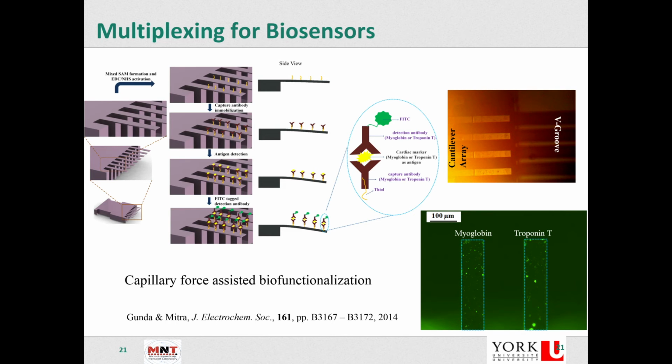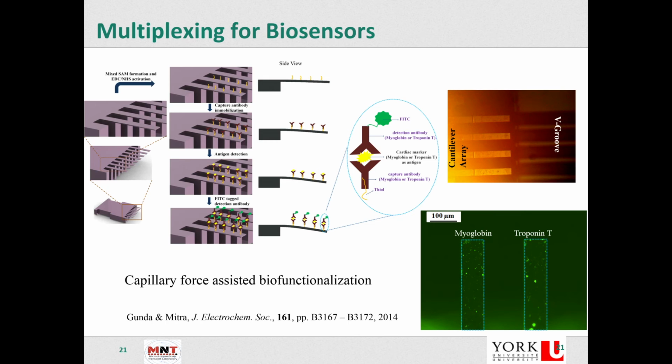So here we use some sort of a capillary assisted process because we understand capillary flow in our group. So we use capillary flow to actually biofunctionalize each of the arms. In this case, one arm is measuring myoglobin, in other words, the antibody binding of the myoglobin, versus the other arm, which is of troponin. So we can have specific arms which will detect.